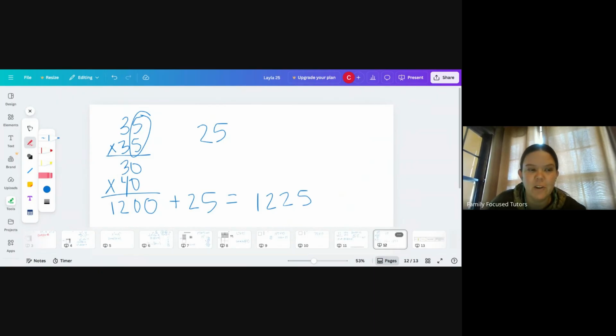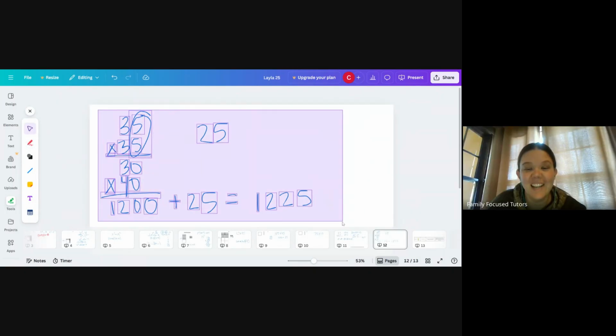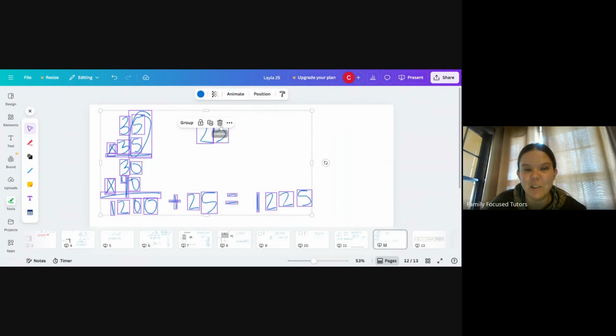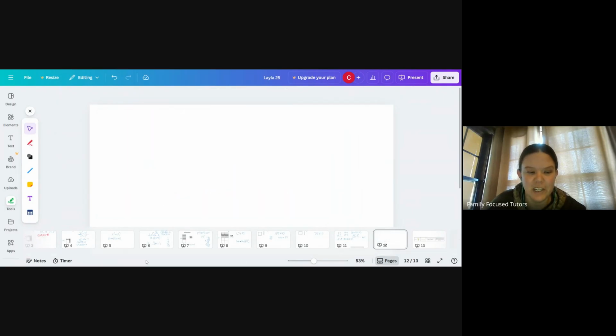The short way. I mean, you can do it the long way. I really don't care. I like the short way. It's quicker when you understand it. Okay, so the next one is 48 times 42. So this one we're going to have to do a little bit of finagling. Okay.